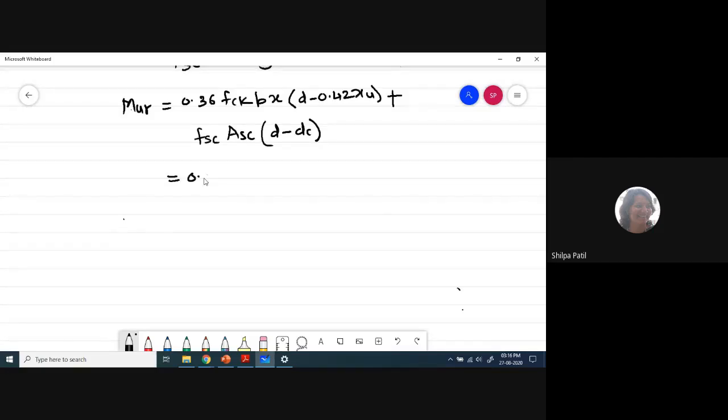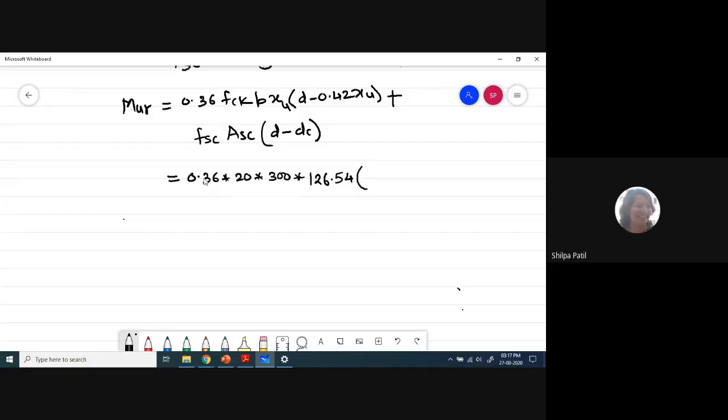So it is 0.36 into 20 into 300, this is XU, right? Into what is the value of XU we have got? 126.54.